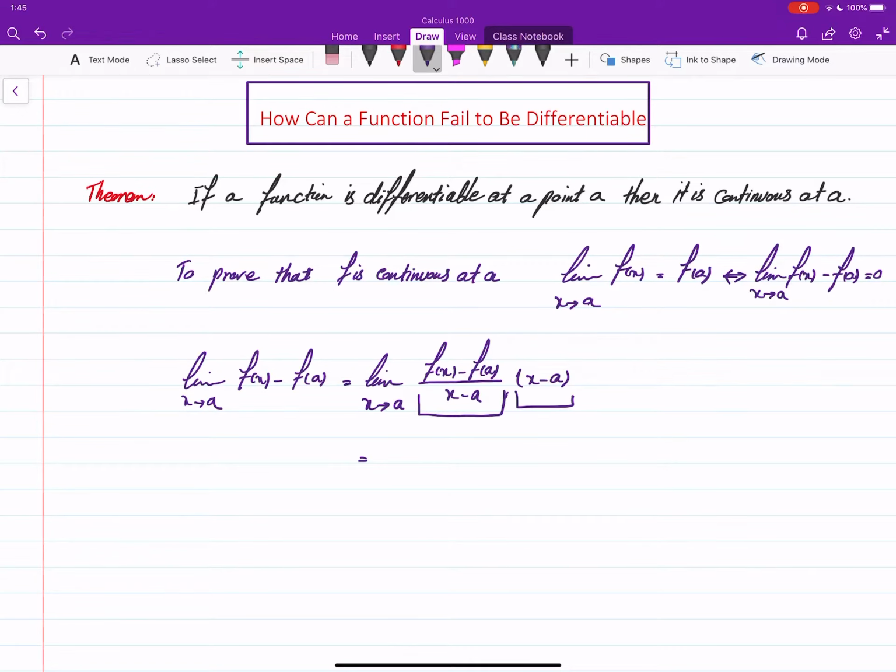These are products of two functions which have a limit as x approaches A. So we can use the product law and write it as the product of the limits, yes.